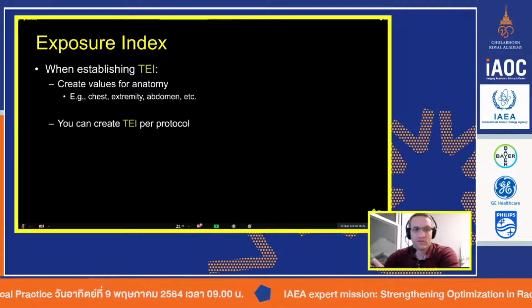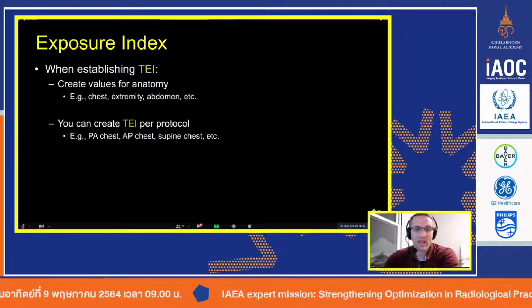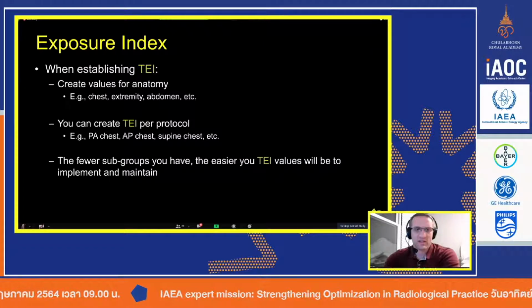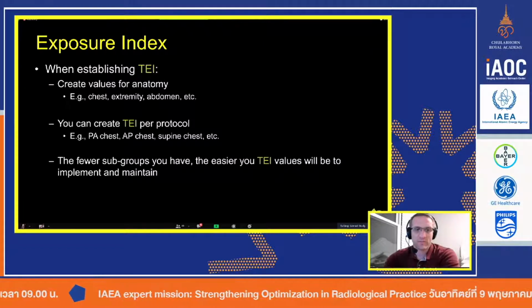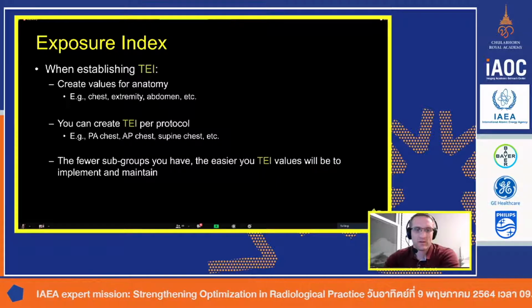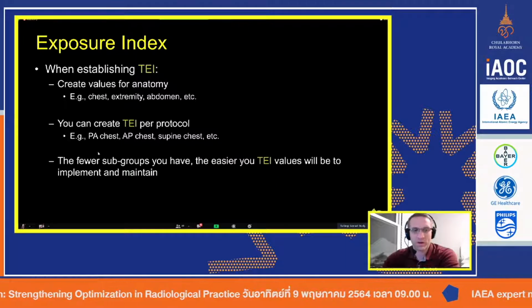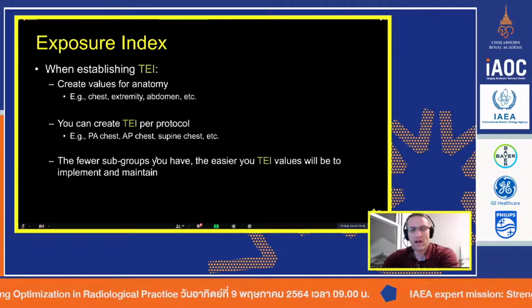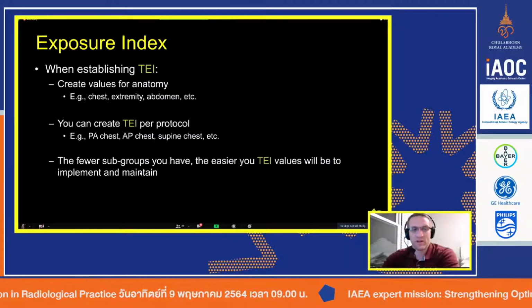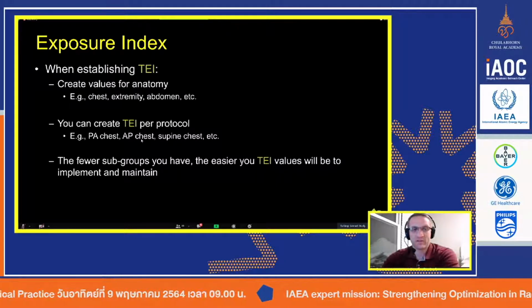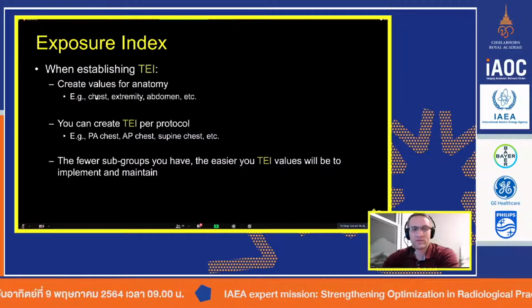You do it for all the different protocols, and you create that TEI for all of the protocols. But one thing that you want to do is you want a higher level value. In other words, there's chest, right? You don't want to get too in the weeds.